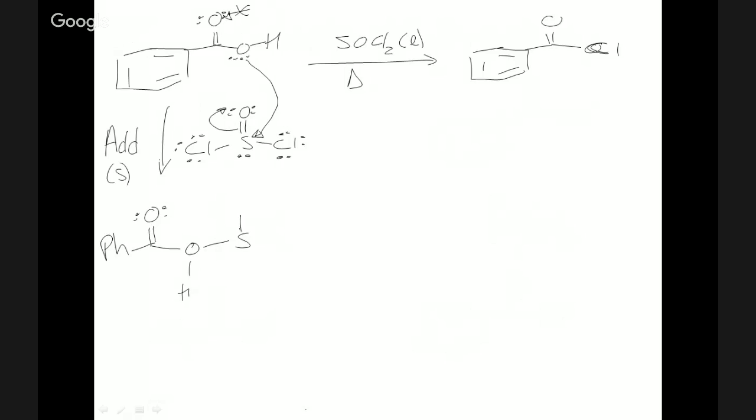Form an oxygen-sulfur bond. Put our chlorines in here.